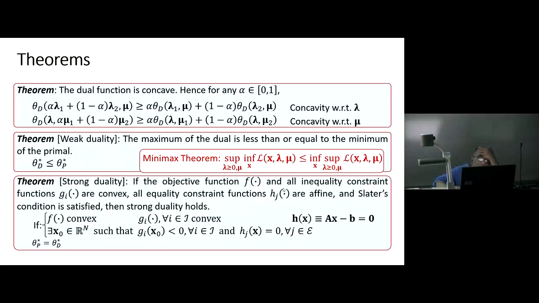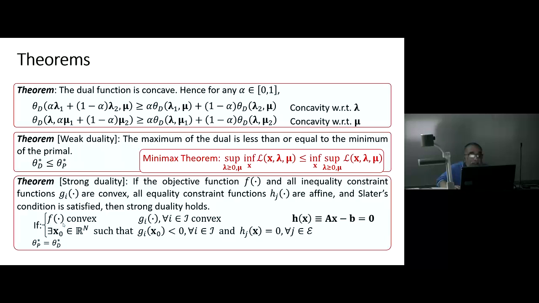Okay? Then we saw that under certain conditions, strong duality holds. That is, theta d star equals theta p star. So strong duality holds if the objective function and all inequality constraint functions, g's, are convex, and all equality constraints are affine.